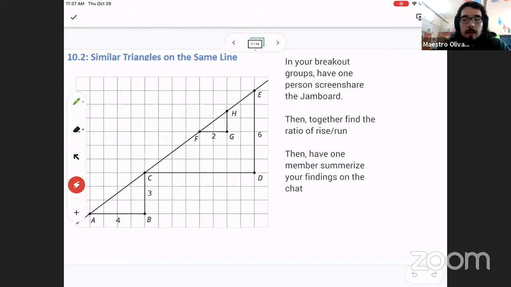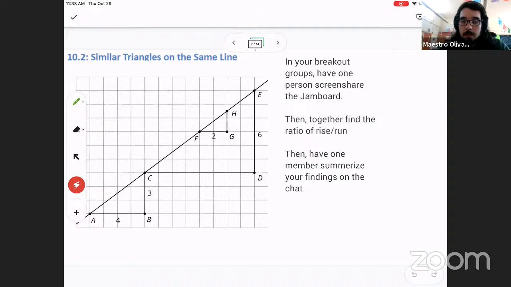Once you find the slope for all 3 triangles, you are then going to summarize and talk about what you notice for all the slopes. This should not take more than 10 minutes.